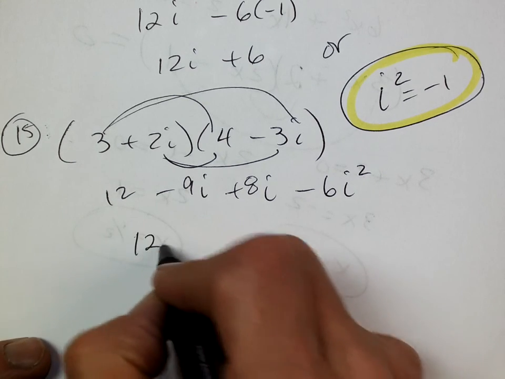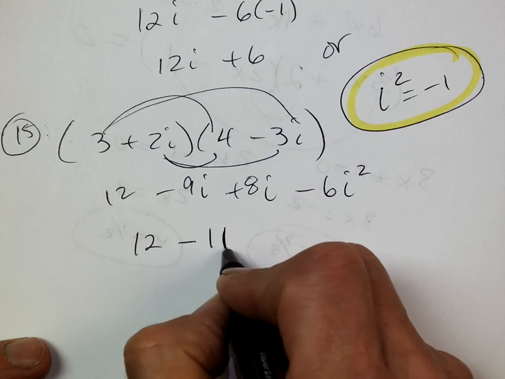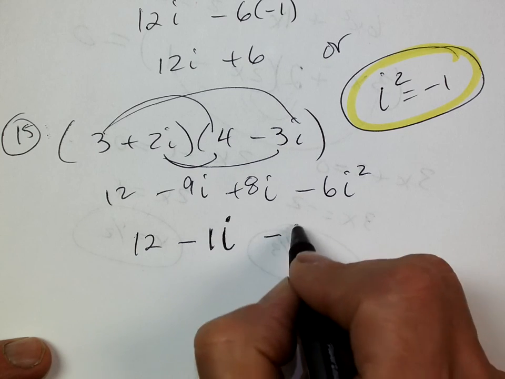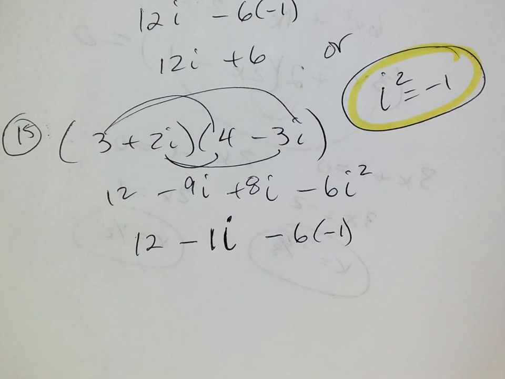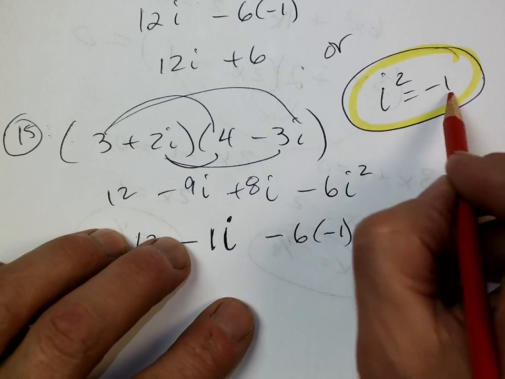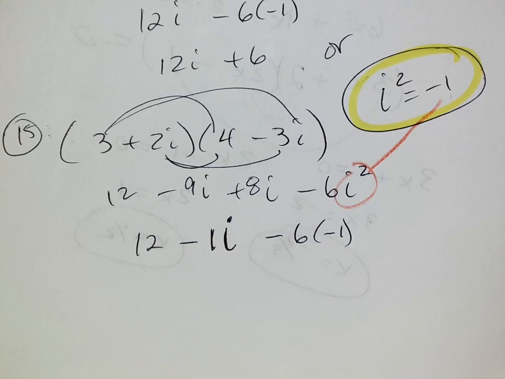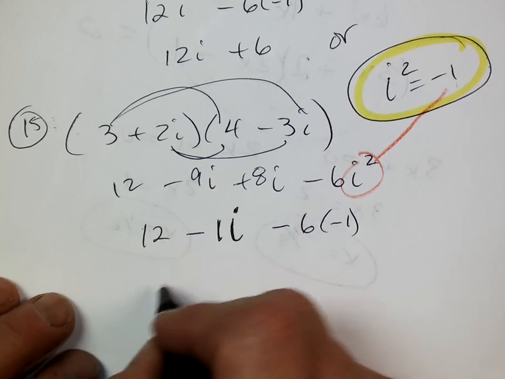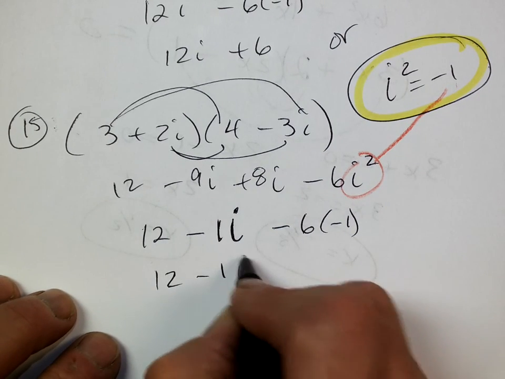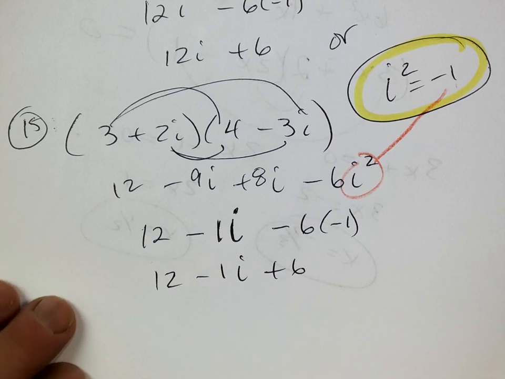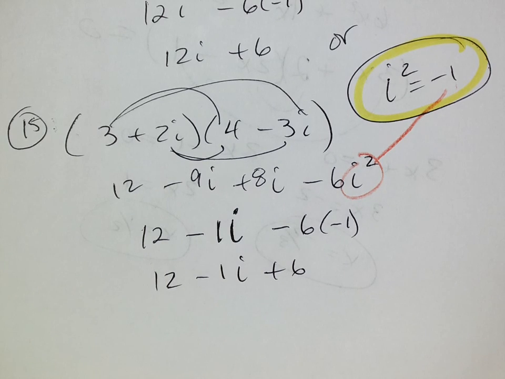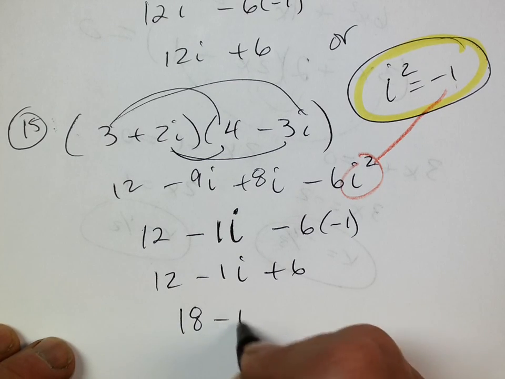I'll have a 12 minus a 1i minus 6 times negative 1 because, hey, lo and behold, I said that i squared is equal to negative 1. Okay, how am I doing? Then I'm going to get 12 minus 1i plus 6, right? Now, why not add 12 and 6 together? I can add those, right? So I get an 18 minus 1i.